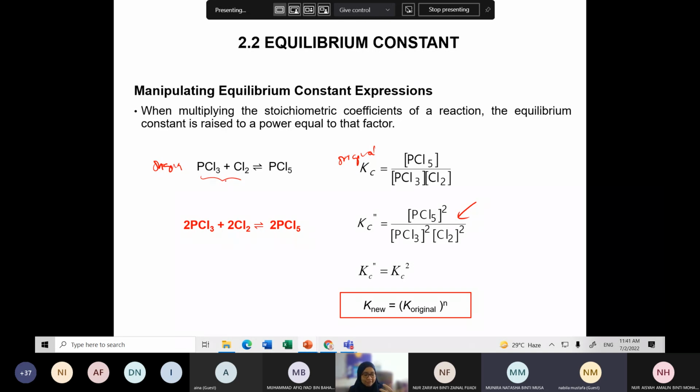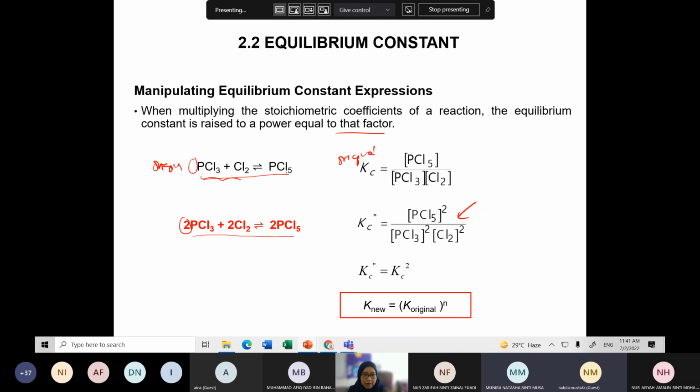It's actually the same understanding. When multiplying the stoichiometric coefficients of a reaction, the equilibrium constant is raised to a power equal to that factor. This is the original and this is the new one. As you can see, it's actually the same, it's just the coefficients.